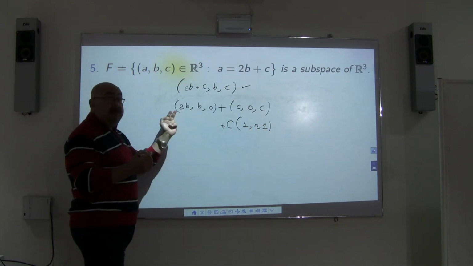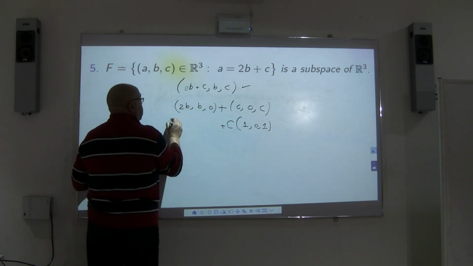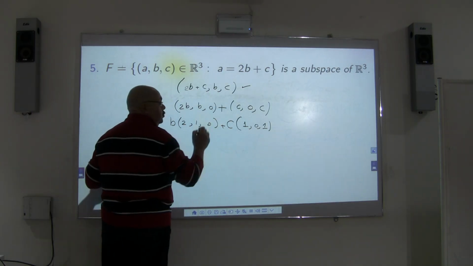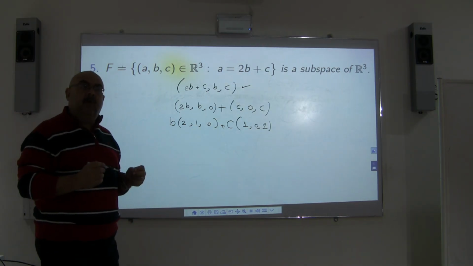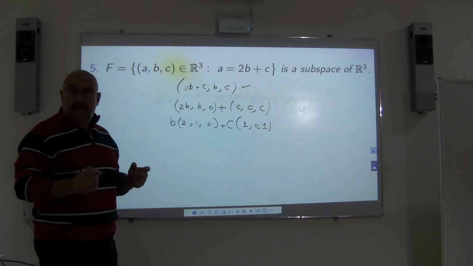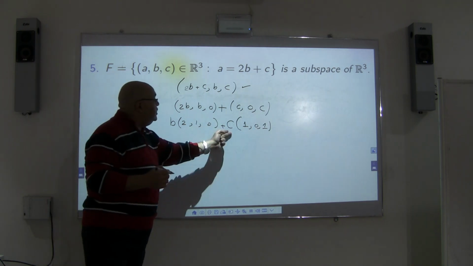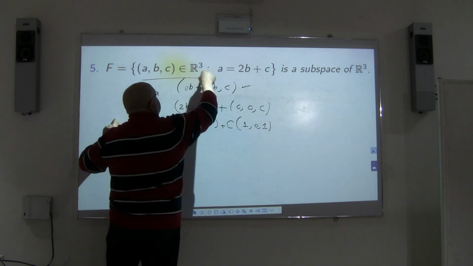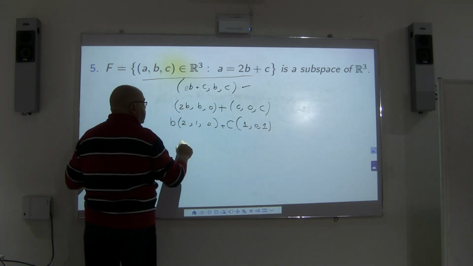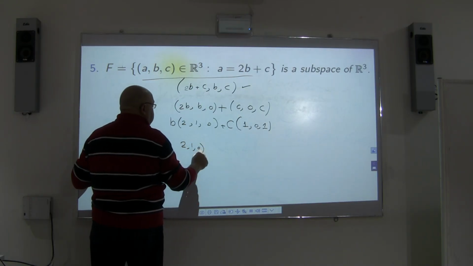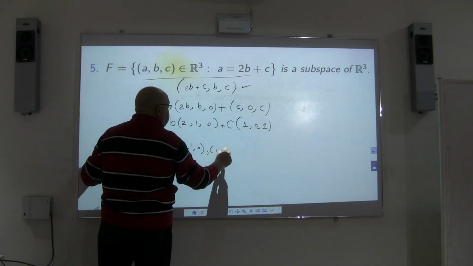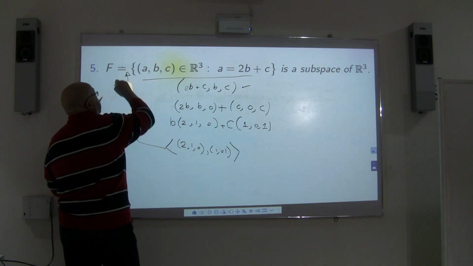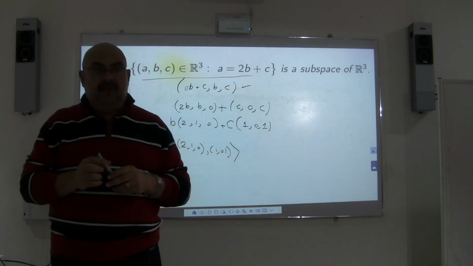And I can also take b as a common factor, and I will have (2, 1, 0), which is actually a linear combination, where b and c belong to R. So the set that generates this vector space is simply the vector (2, 1, 0) and the vector (1, 0, 1). This set of vectors can generate this subspace of R3.